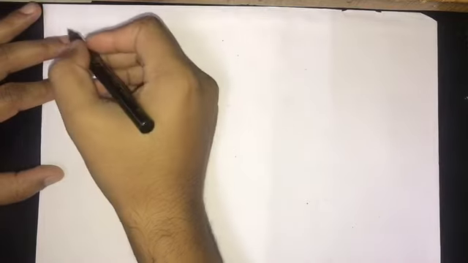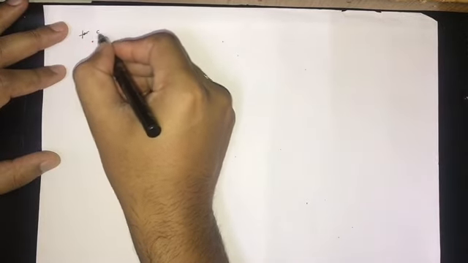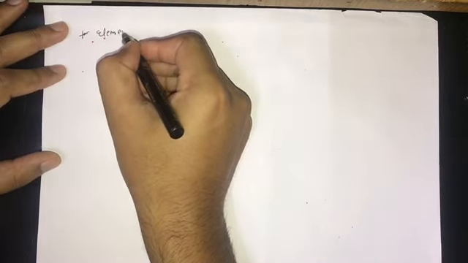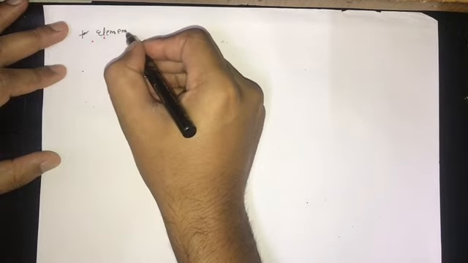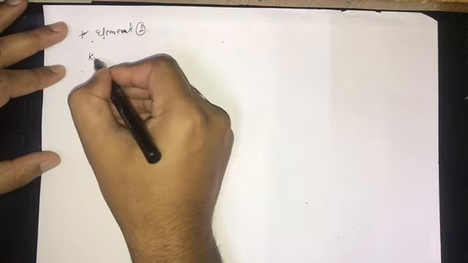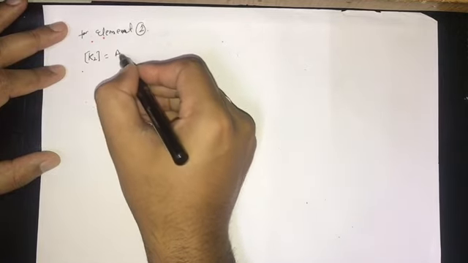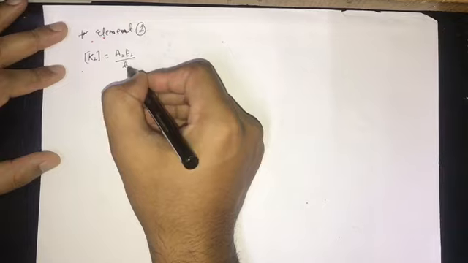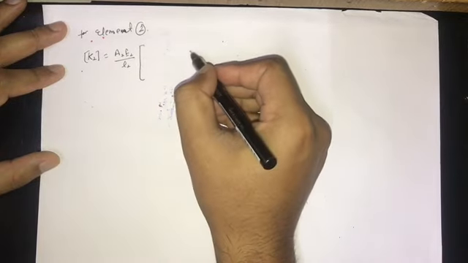Similarly we will calculate for element 2. For element 2, K2 is equal to A2 E2 upon L2 into this same matrix.